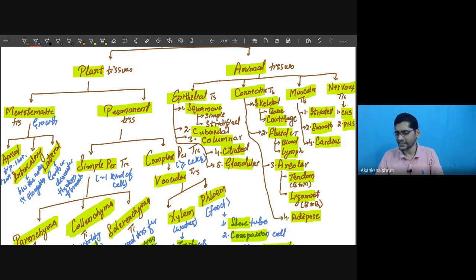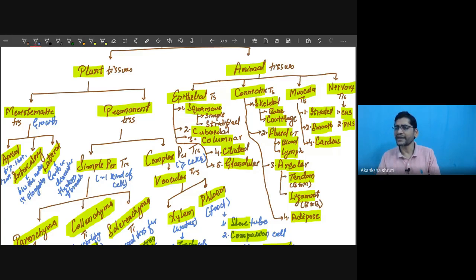Lymph is the collection of liquid from our blood vessels, from our main circulatory system. That we will learn in our class 10. So this is fluid tissue. Next one is the areolar tissues.